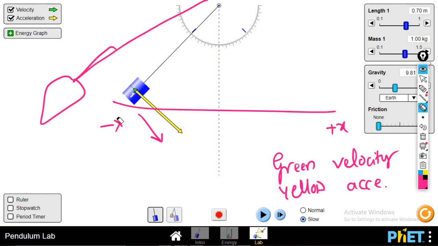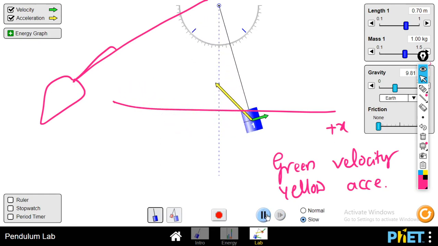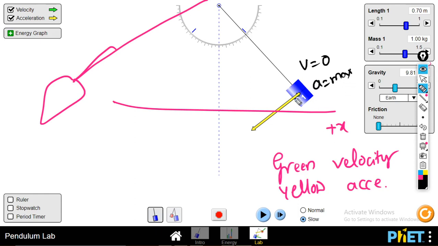The same thing happens at the other end also. When it comes to the other end, the bob's velocity goes to 0. So here velocity equals 0 and acceleration is maximum. That's the reason the bob does not come up to here.